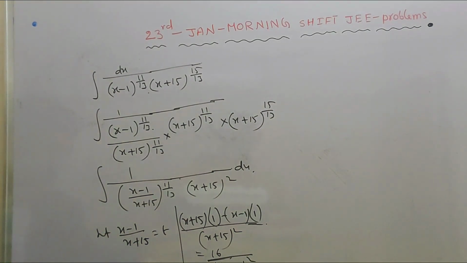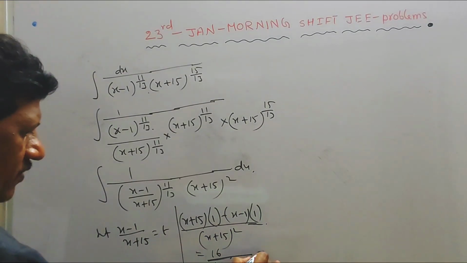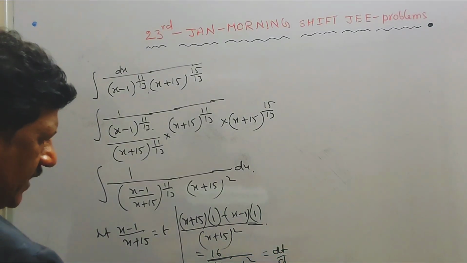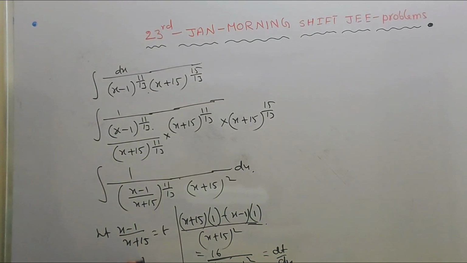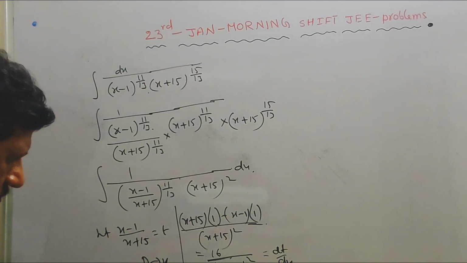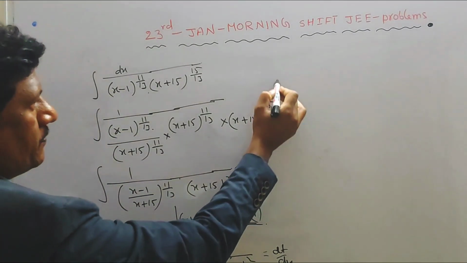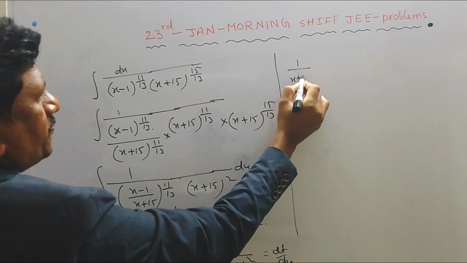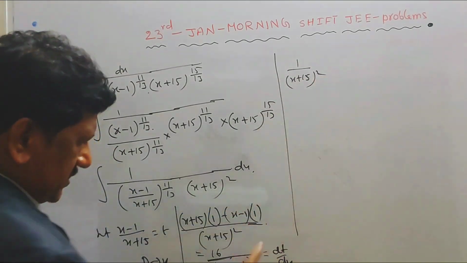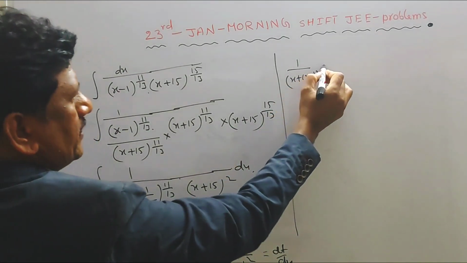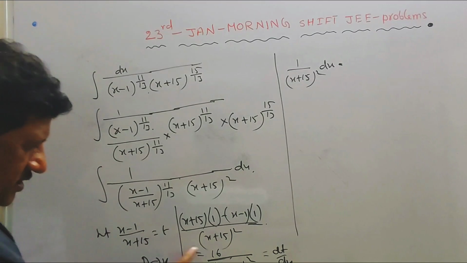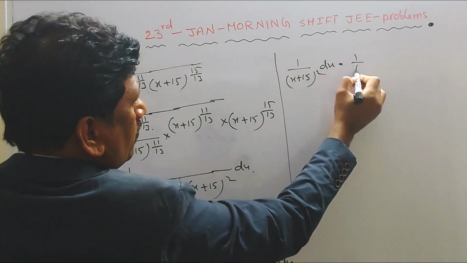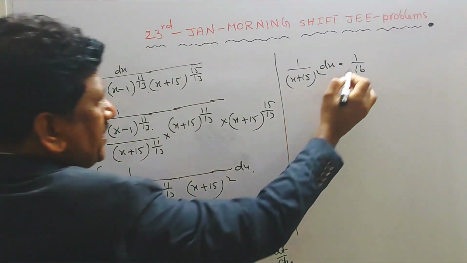Okay, right? So on this side what do we have, dt by dx is there. If you do the derivation, you will get dt by dx. Do cross multiplication, then you will get dx. Then you will get 1 by (x plus 15) whole square. Send the dx this side, and send 16 to the right side, that will go into the place of the denominator into dt.